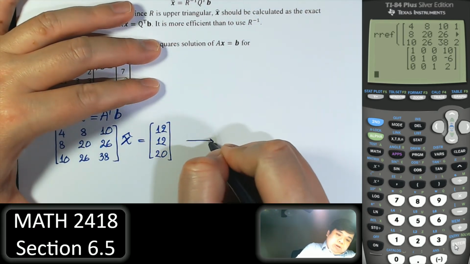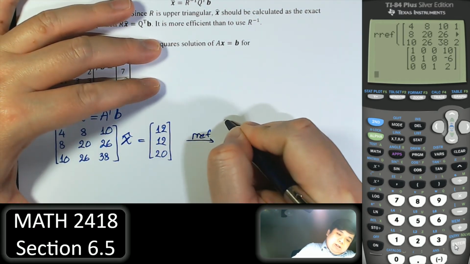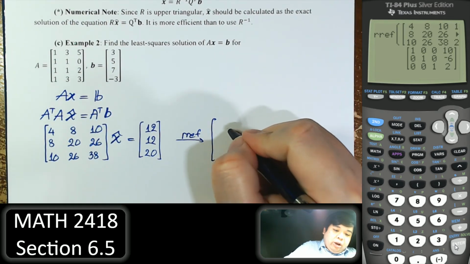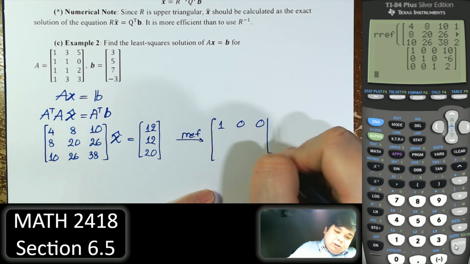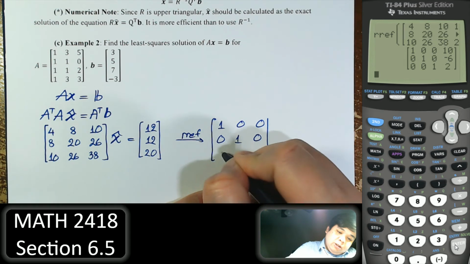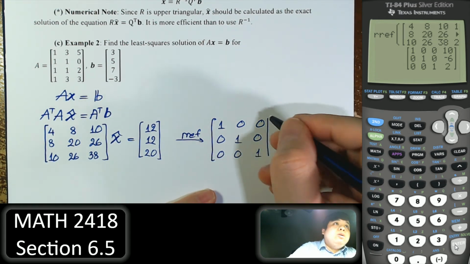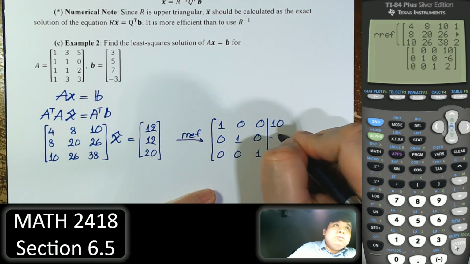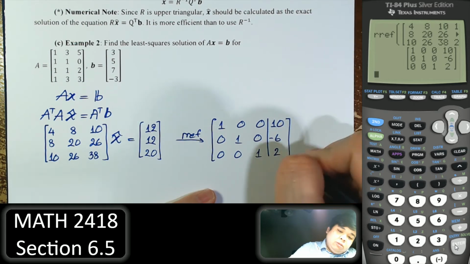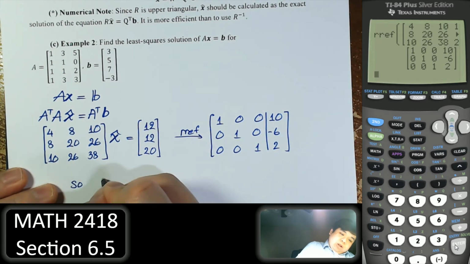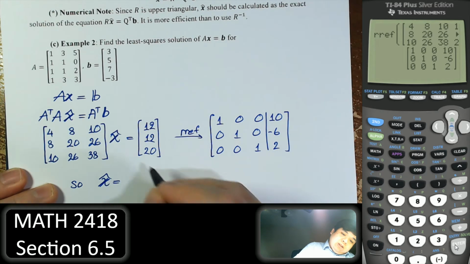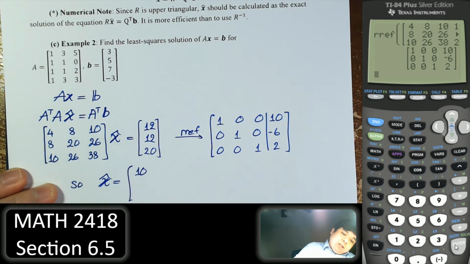So if we reduce to echelon form, we have 1, 0, 0, so the least square solution is 10, -6, and 2.